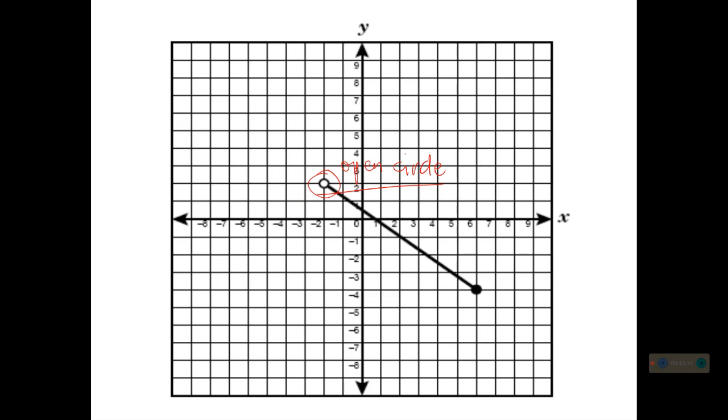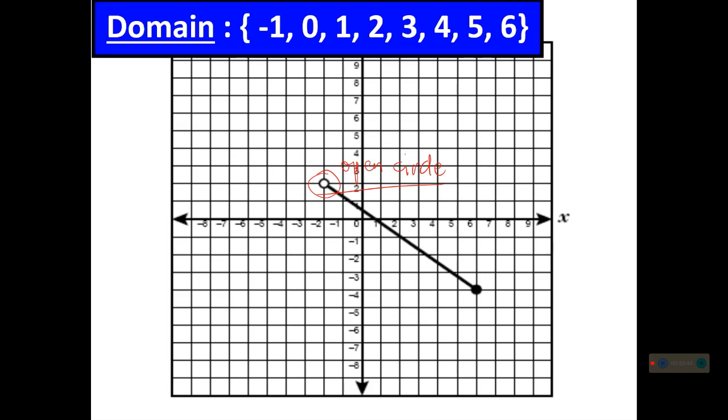So if you are going to give the domain of this, you will not include negative 2 as the value of your x. So you may start with negative 1. So you will have negative 1, then 0, 1, 2, 3, 4, 5, 6.